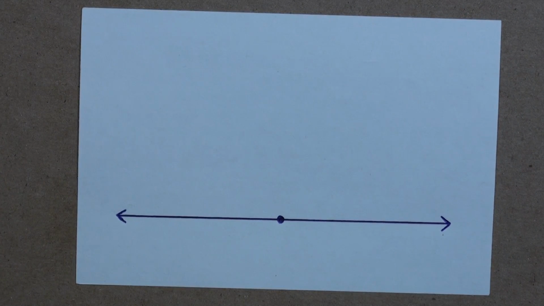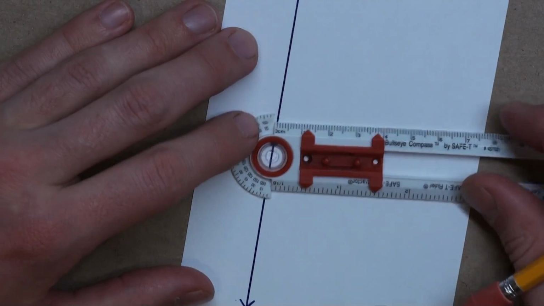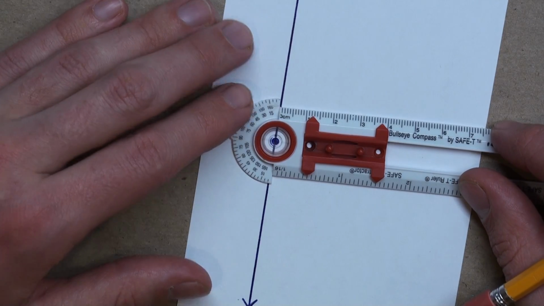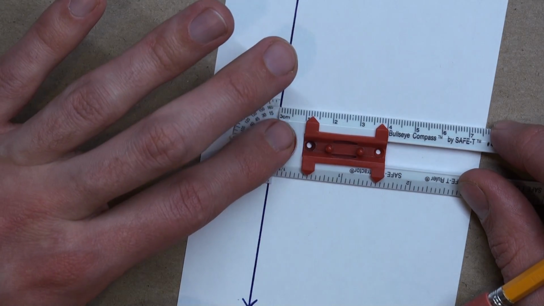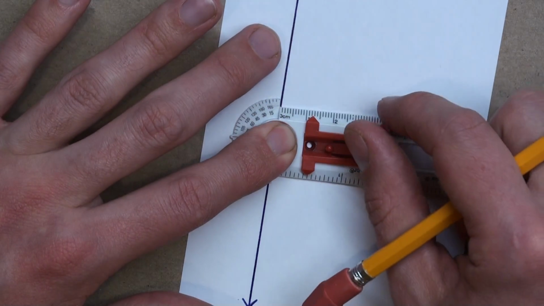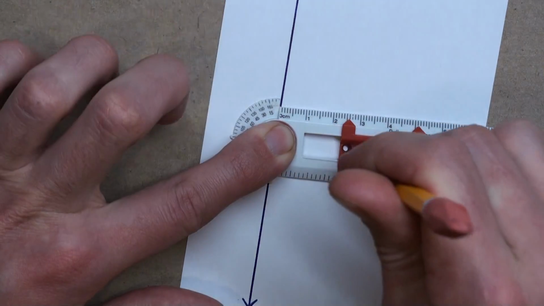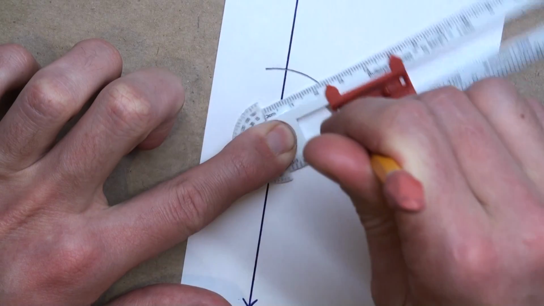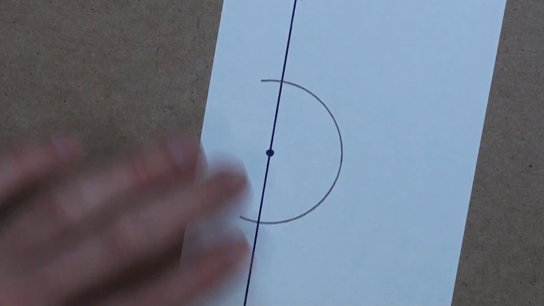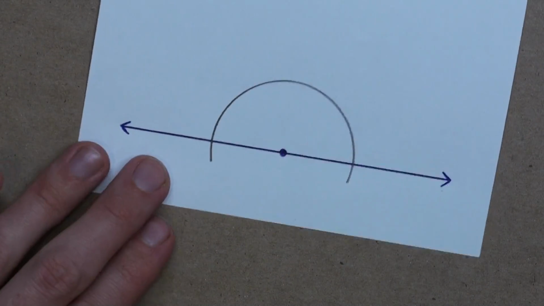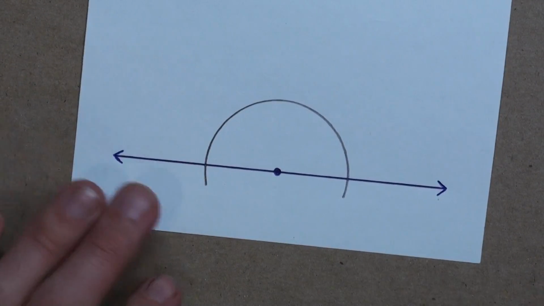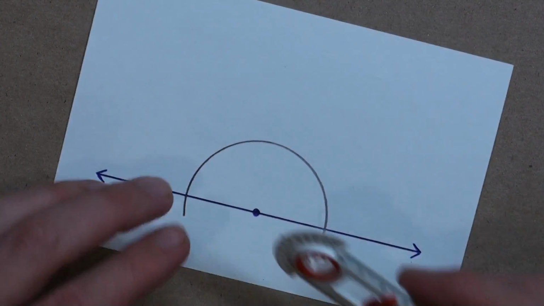So first what we do, okay, is we put our compass on that point and we make an arc that crosses both sides of the line, just like that. Okay? Doesn't have to be too big or too small, just something similar to that.